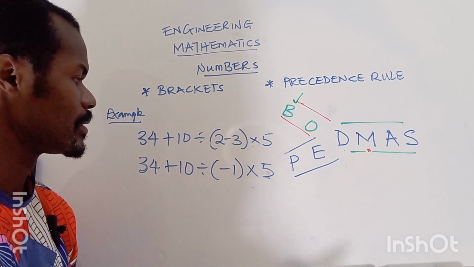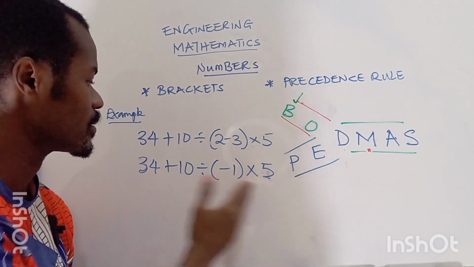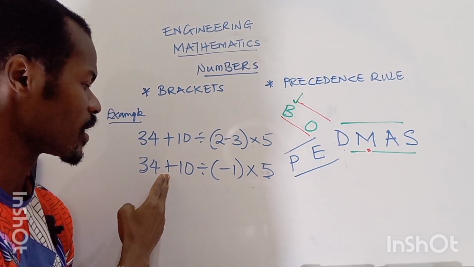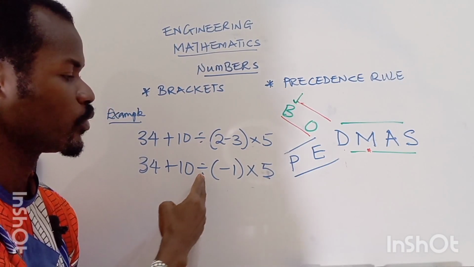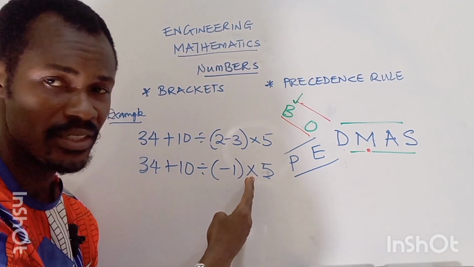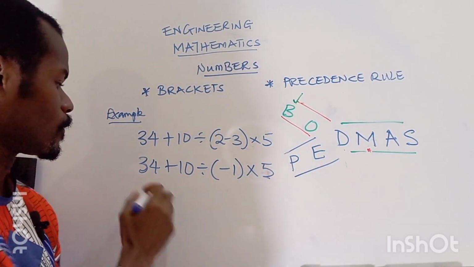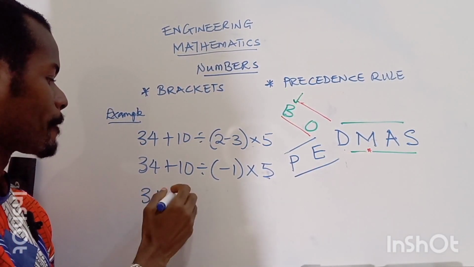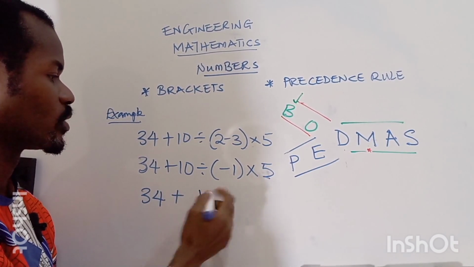Now the next thing is we want to come back to what? The precedence rule from left to right. We have, okay, we have addition, we have division, we have multiplication. Okay. Now we'll work on what? Division first. So what this means is we have 34 plus, okay, we have 10 dividing what?